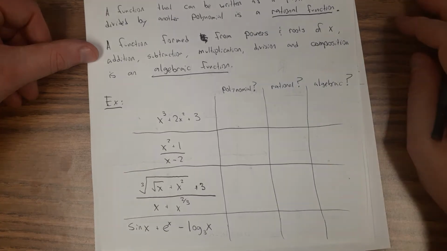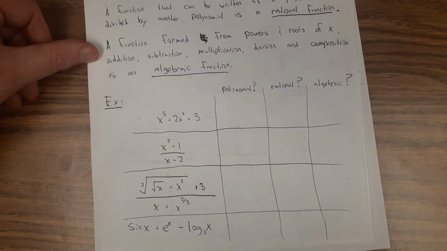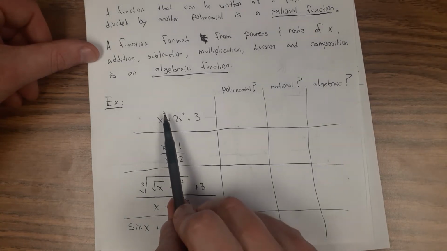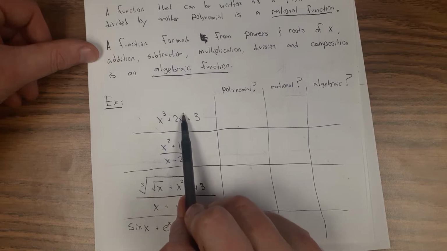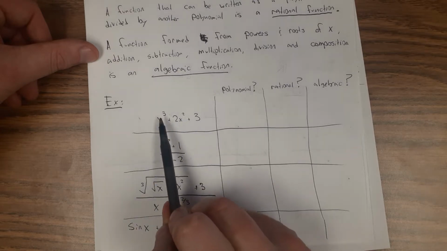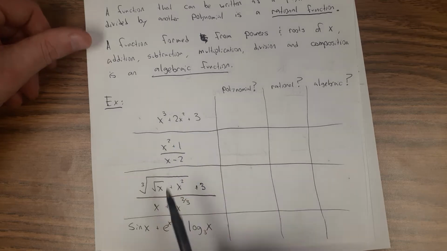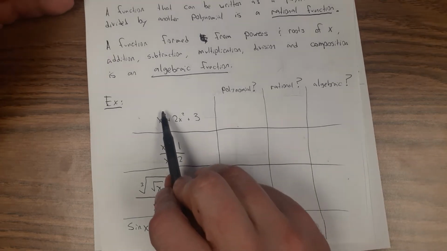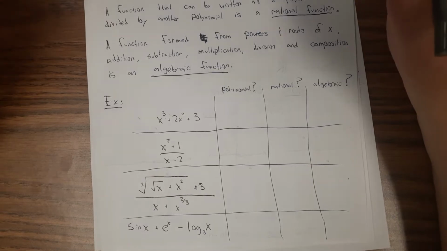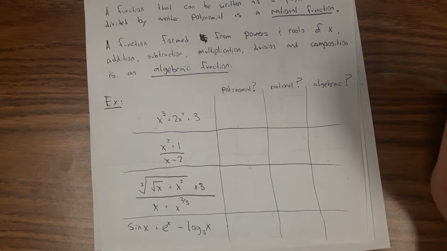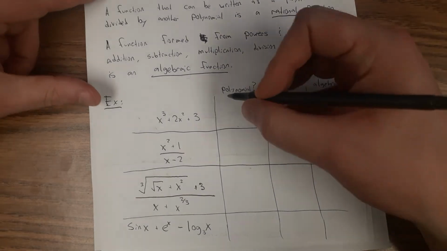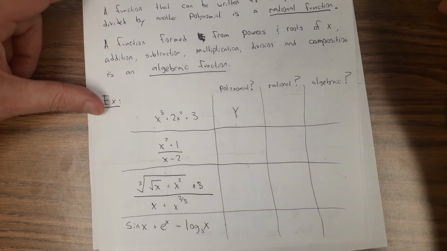You can rearrange the order of addition if you want. The point is, all I see is integer powers of x. I see a number times an integer power of x plus another number times an integer power of x. I should emphasize these are positive integers. You don't see x to the negative 3 or x to the negative 2. And so, yes, this is a polynomial.